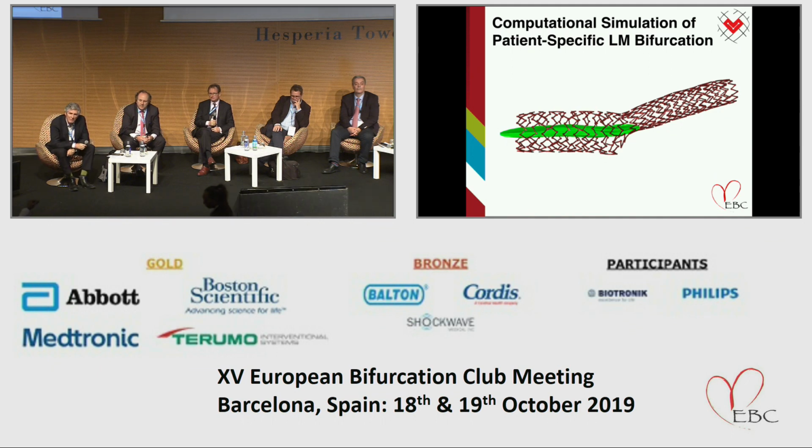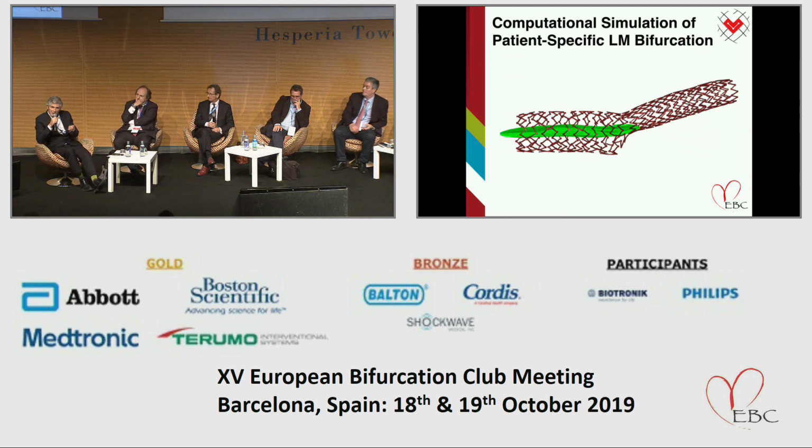We're saying it has 3 links in between the struts, so I'm just wondering if it could be an issue expanding the entry to the side branch. No, this was tested in previous bench testing with the Xion stent, which has 3 connectors, and it's not an issue. It's even better because you have better scaffolding of the ostium of the side branch when you open the strut.